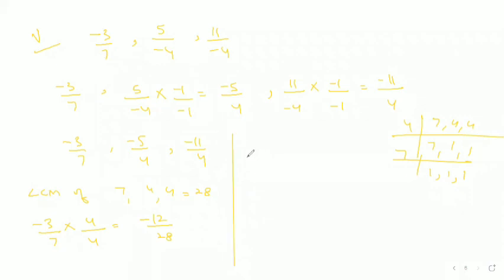The next number would become minus 35 by 28. And the last number would become minus 77 by 28. Minus, it is minus 44. There is a slight change. So it would become 22.